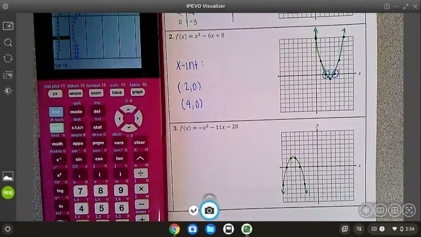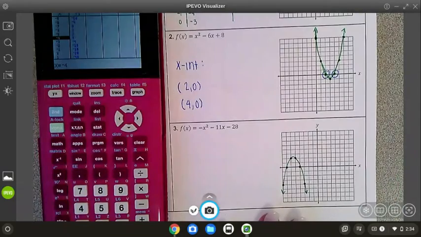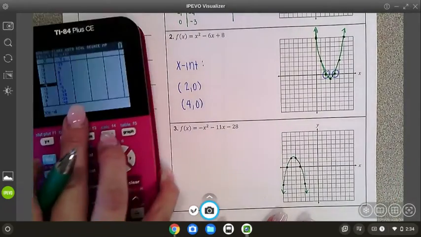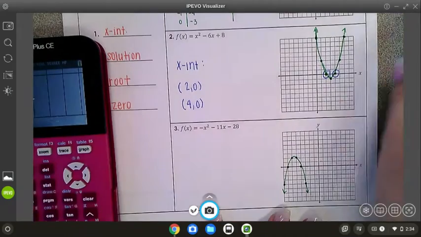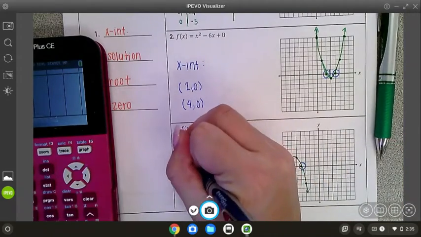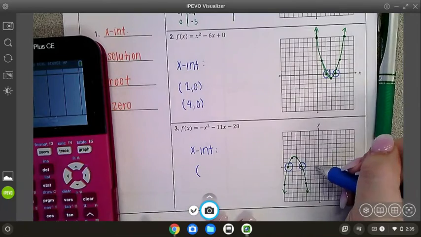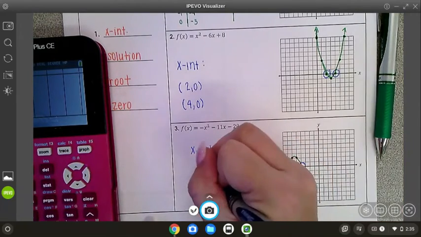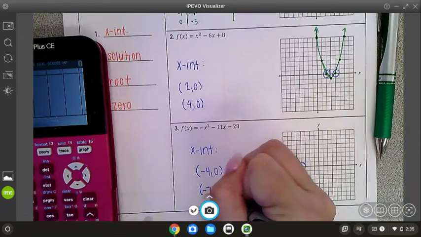And it looks something like that. There are my x-intercepts at -4, 0, and -7, 0.